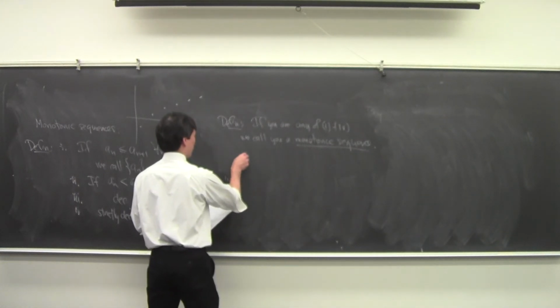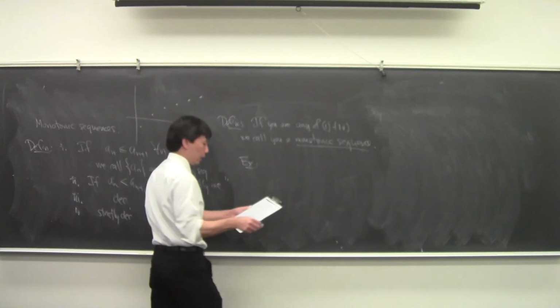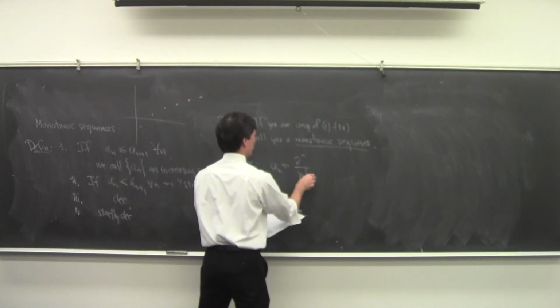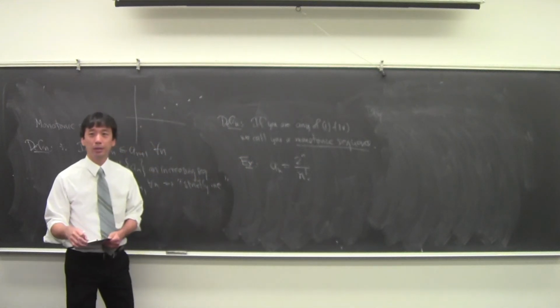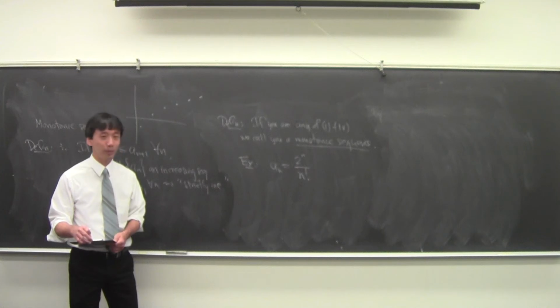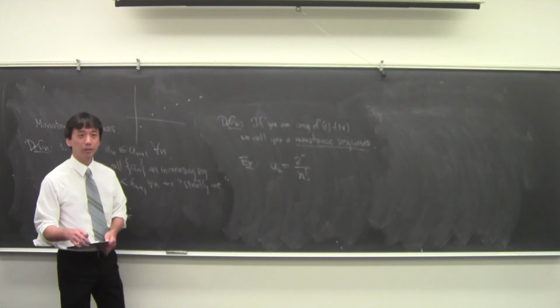So here's an example. a sub n is 2 to the n over n factorial. Take a minute and tell me if this is increasing, decreasing, what is this? I think we've seen this guy before, so it should be familiar.